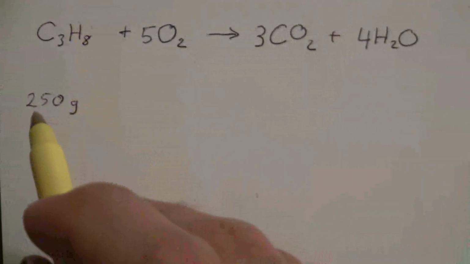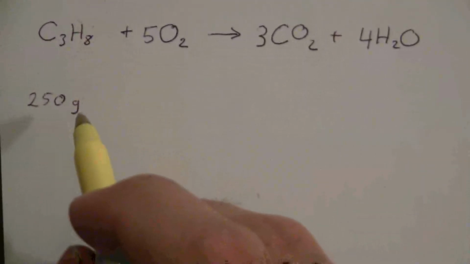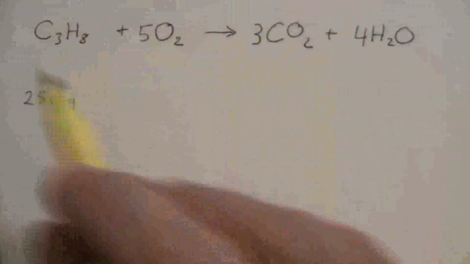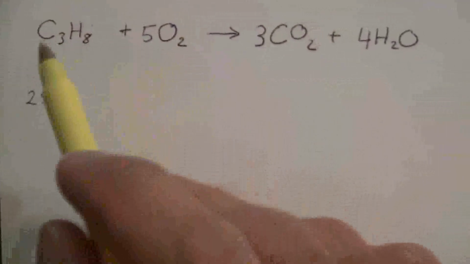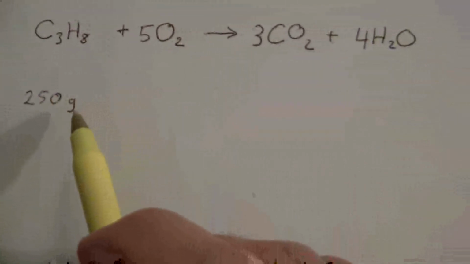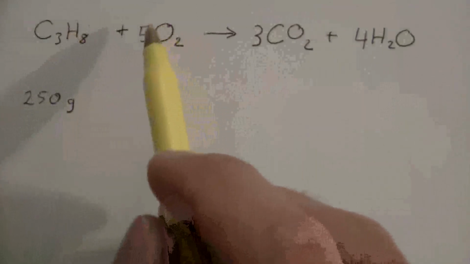Okay, I'm starting with 250 grams. So in order for me to use this equation, see, this isn't talking about grams of propane and grams of oxygen. So I need to convert these grams into moles.